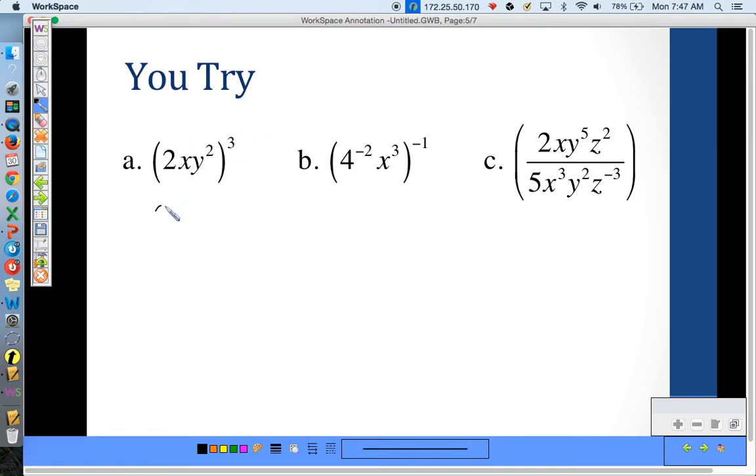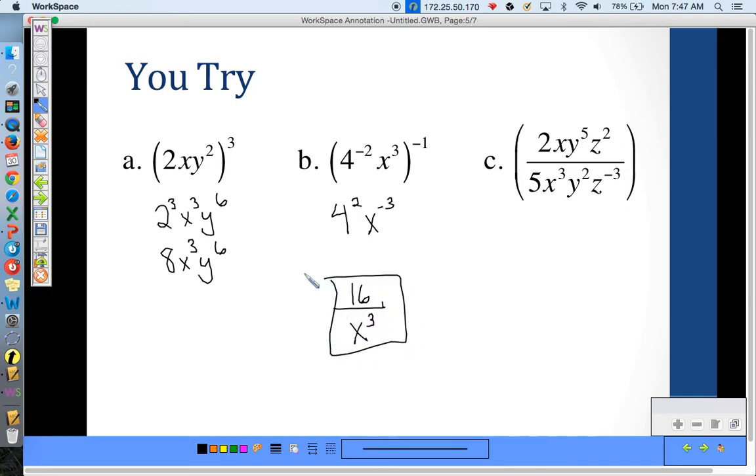So hopefully you distributed. You have 2 to the 3rd, x to the 3rd, y to the 6th. So we have 8 x to the 3rd, y to the 6th. Distribute this here. We have 4 to the positive 2, x to the negative 3. So let's see, 4 squared is 16. This needs to flip to the denominator over x cubed. And let's see what happens here.